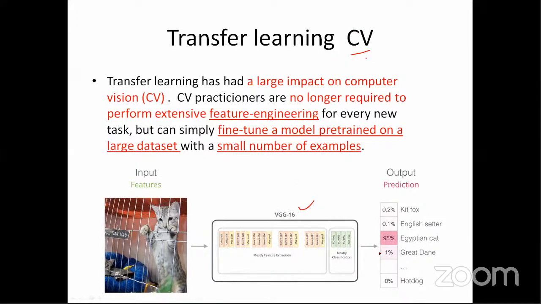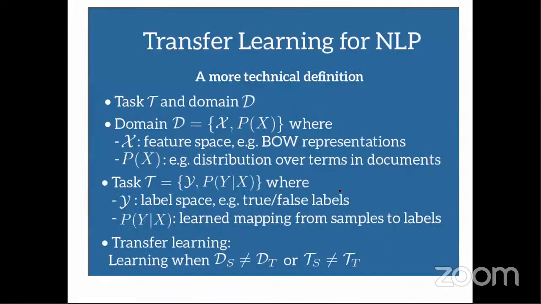You pass the input and get the output. The vectors you receive from VGG can be fine tuned and used for your small number of examples. It's a transfer learning concept in computer vision.